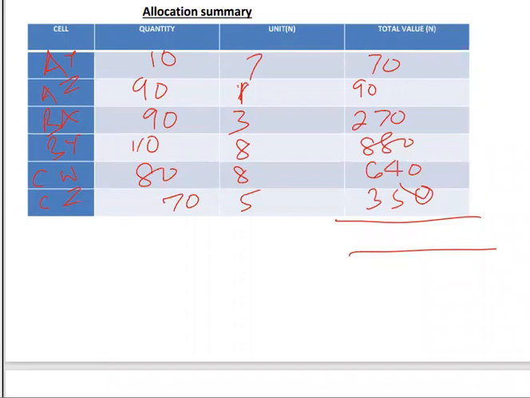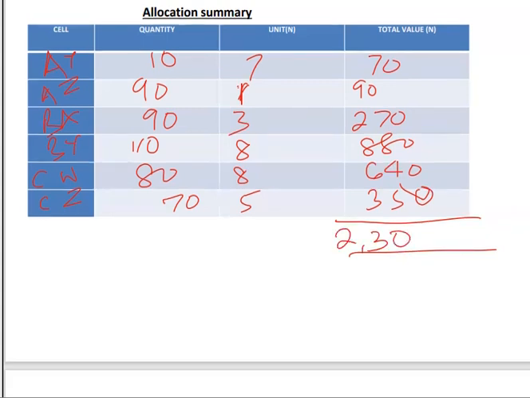What would that give us? I must have missed some. It is 2,300. So have you been able to improve our costs or not?